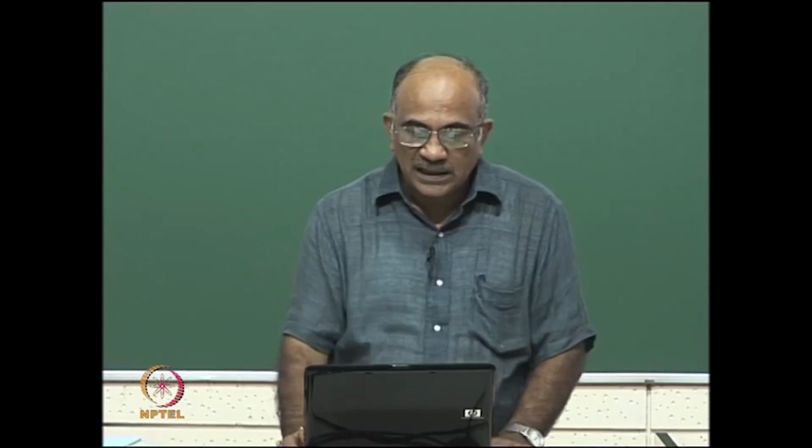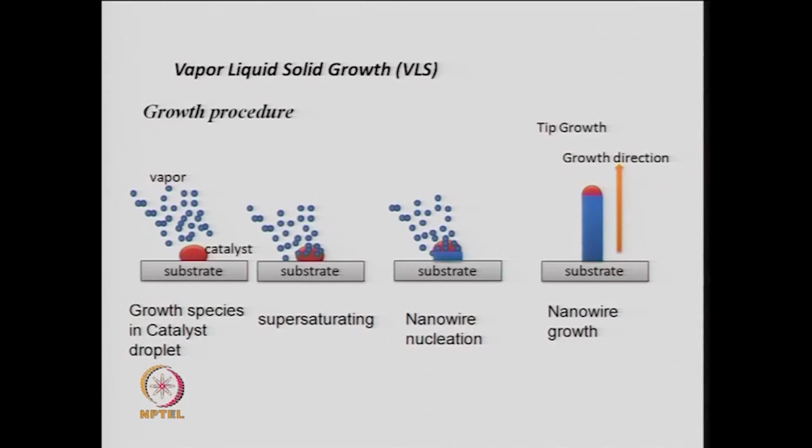In this particular case, in the vapor, liquid, solid growth, as we see here, this is the tip growth and the catalyst is at the tip, and the nanowire keeps growing as more and more of these vapor molecules are evaporated. Once all the material which is to be made into the nanowire is evaporated, then this growth will stop and you will get the resultant nanowire.